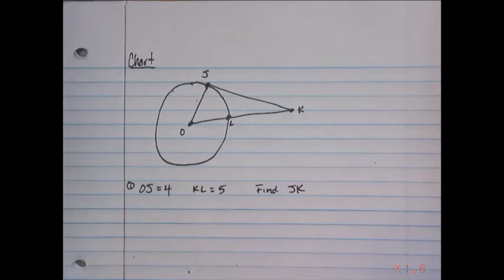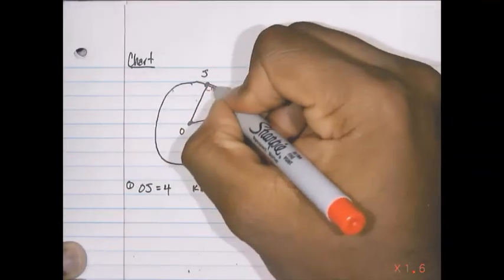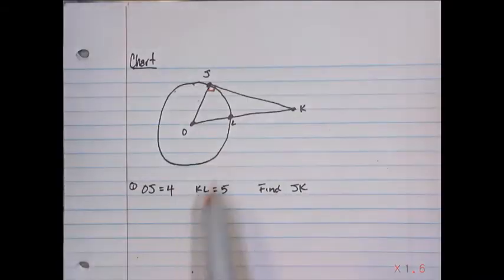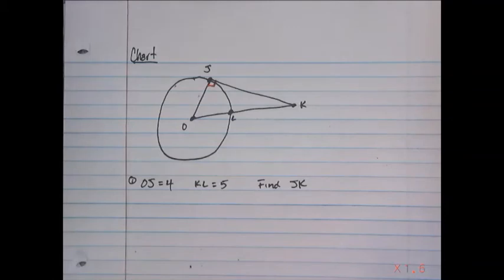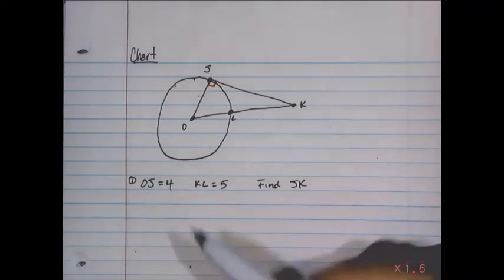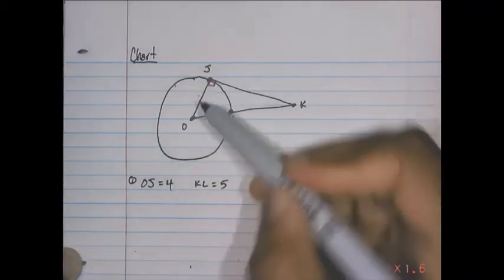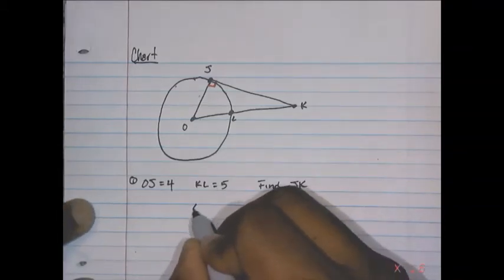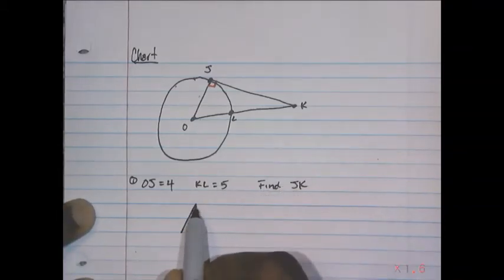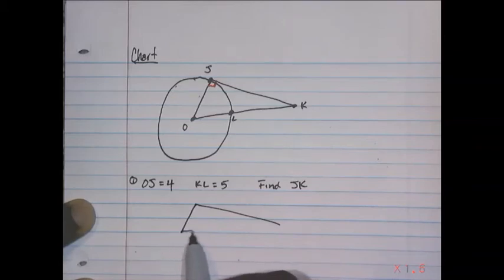Right now, I know for a fact that this is a right triangle, because radius and tangent line are perpendicular. So now, if OJ is 4, then that means OL is what? 4. So all I'm going to do here is redraw the triangle so we can see it.